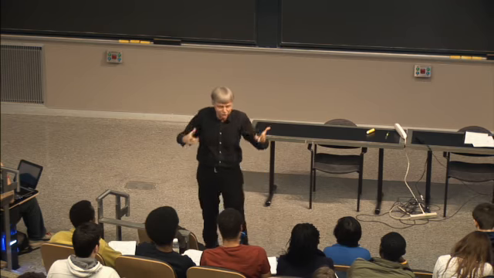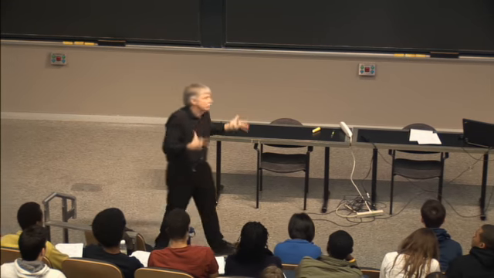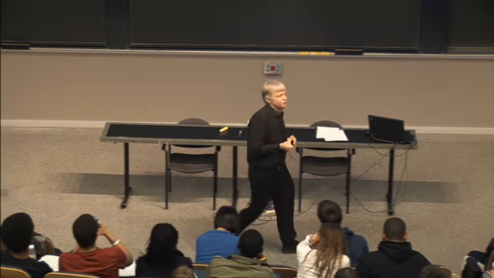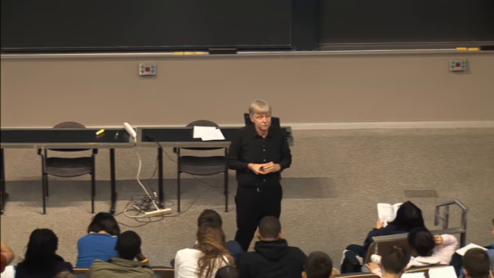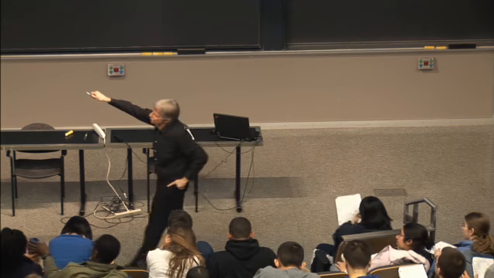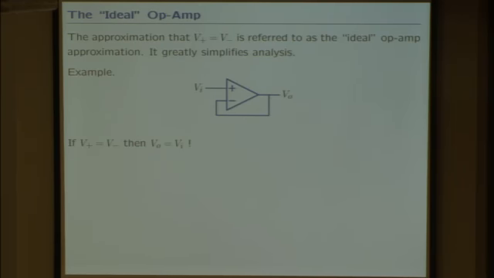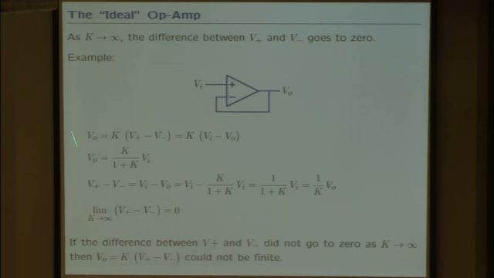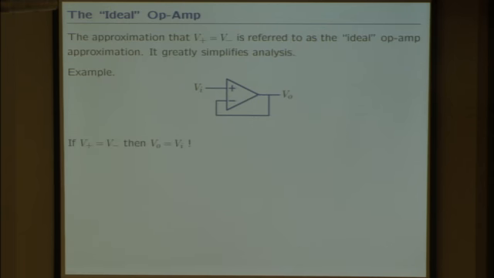Okay, well, let's work backwards. Let's start with the assumption that V plus minus V minus is very small, and that lets us solve the circuits very quickly. So for example, the same circuit that took previously a few lines to get the answer to, if I just take as a rule that V plus has to be V minus, it's one step.